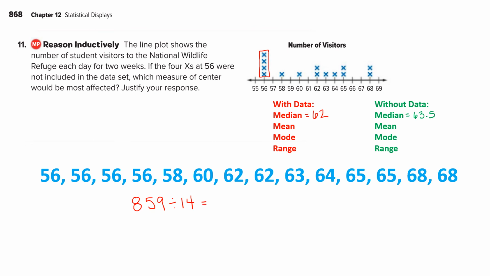When you type 859 divided by 14 in your calculator, you should get an answer that looks like this: 61.3571, and it keeps going. When we have long decimals like this, now that you're in 6th grade, I would round them to the hundredths place. So in this case, it's 61 and 35/100ths.